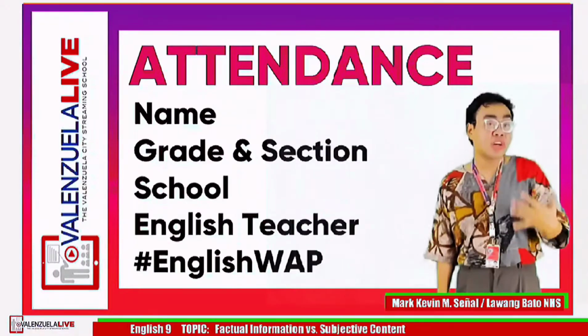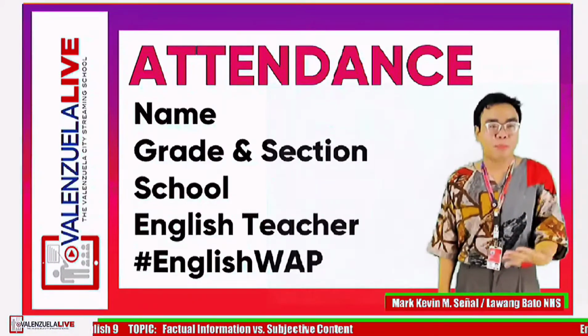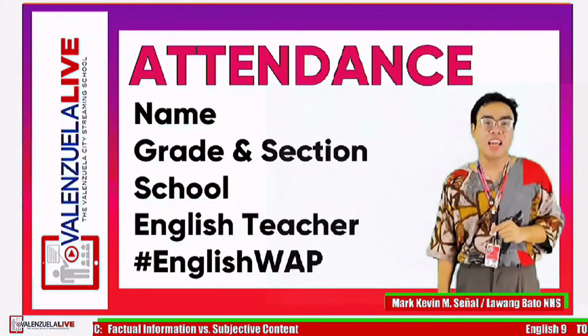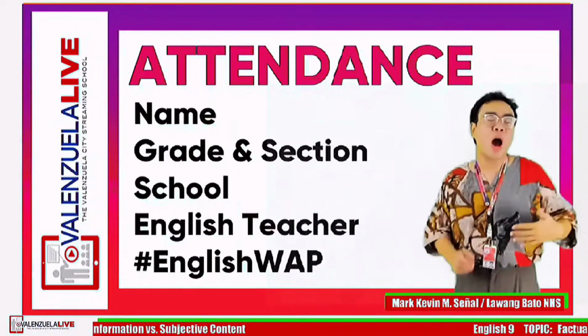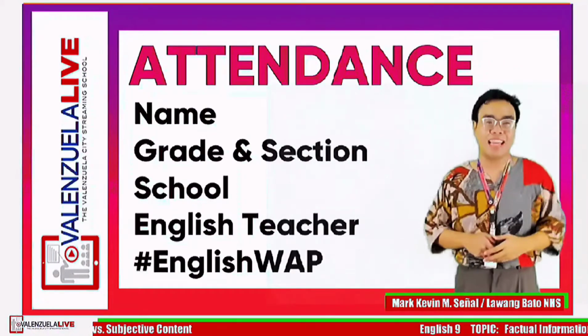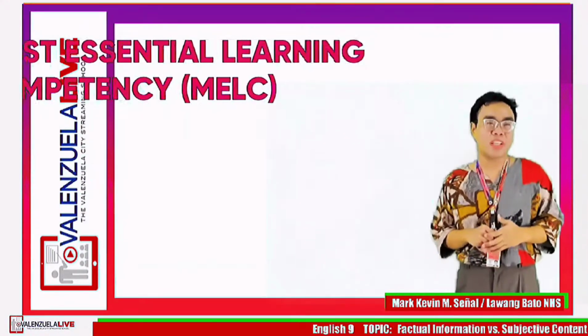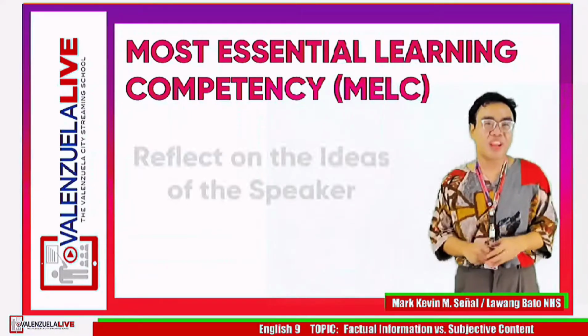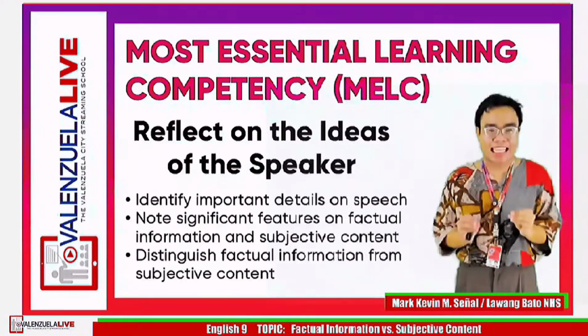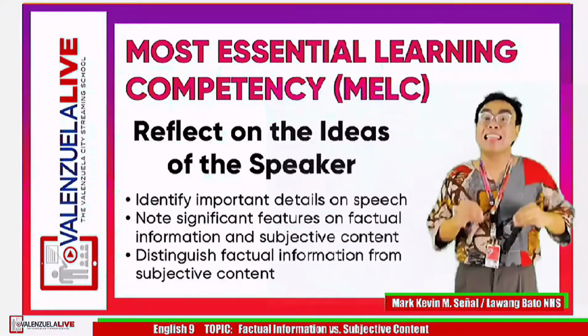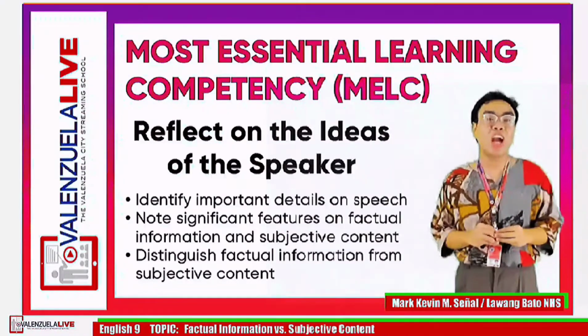Now, for this journey, we need our map to attain English fluency, which will guide us on what competencies we need to acquire in each lesson. Therefore, the most essential learning competency for this session is to reflect on the idea of the speaker, and unpacking that into our learning objectives.